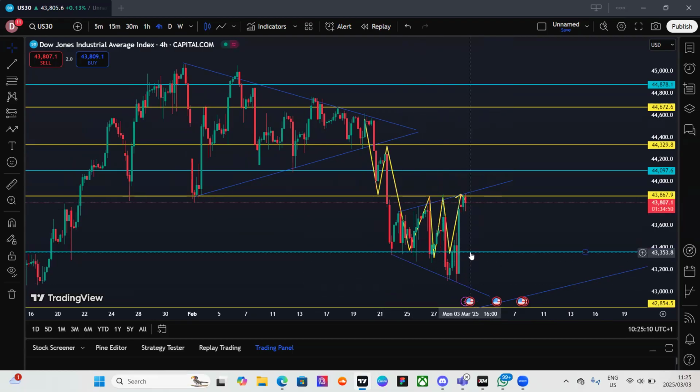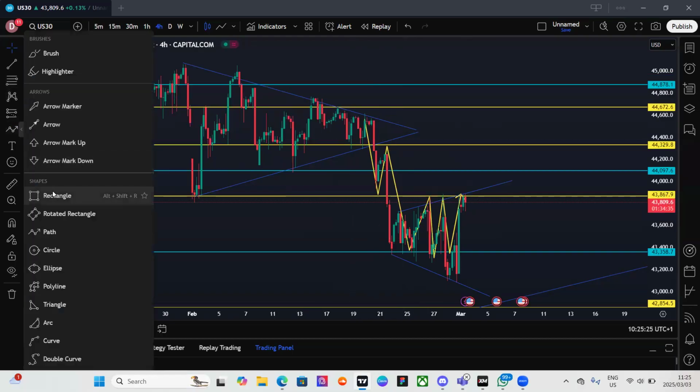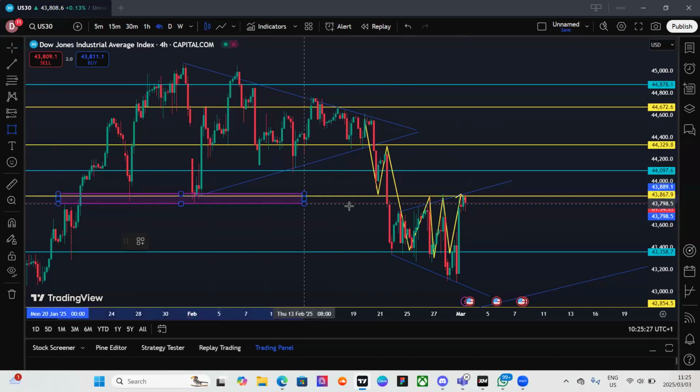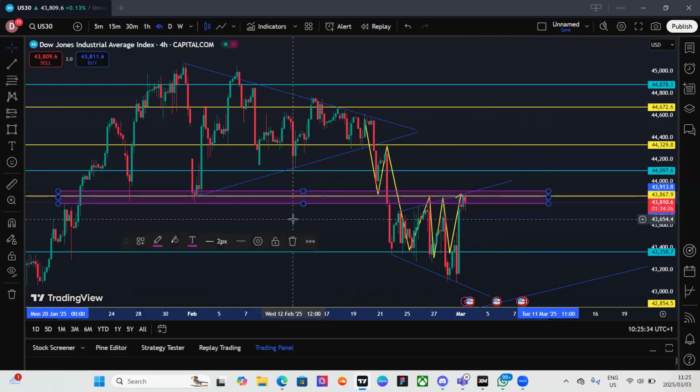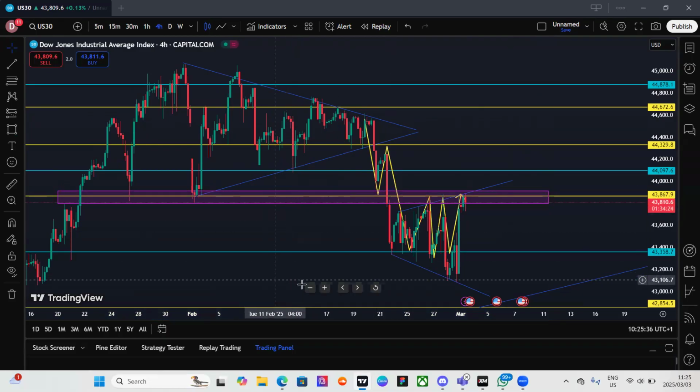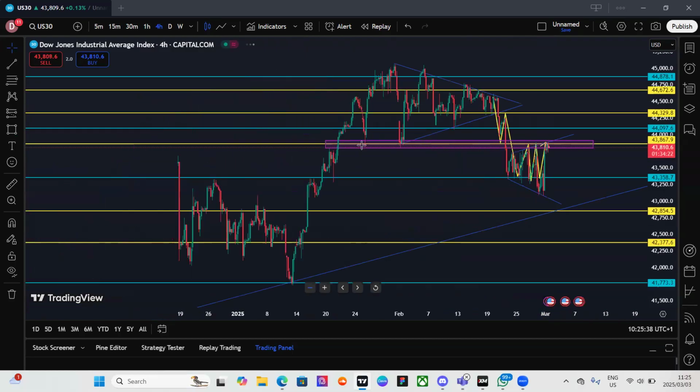But to be quite honest with you, I'm going to try and maybe just sit this one out to see what will actually happen. We do get a breakthrough within this level, because this level is a very crucial area right here, very heavily respected within this ranging zone around here.